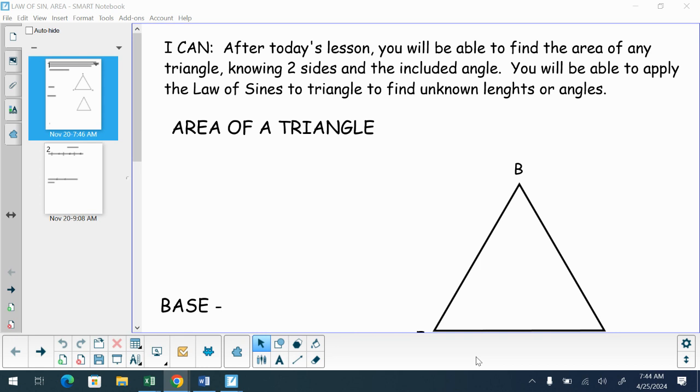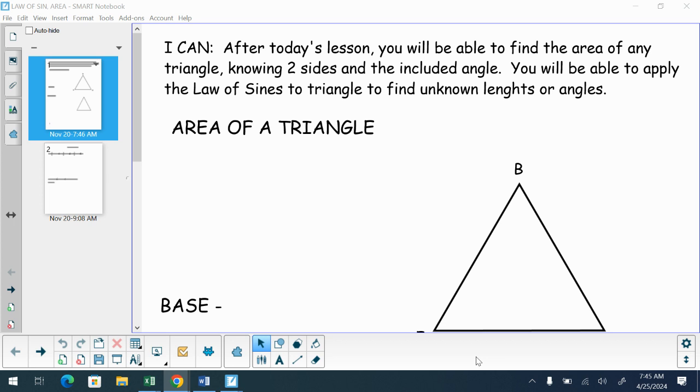Today we're going to continue with what is called law of sines, which is another way of being able to manipulate through triangles, and tends to be a little bit easier than law of cosines.